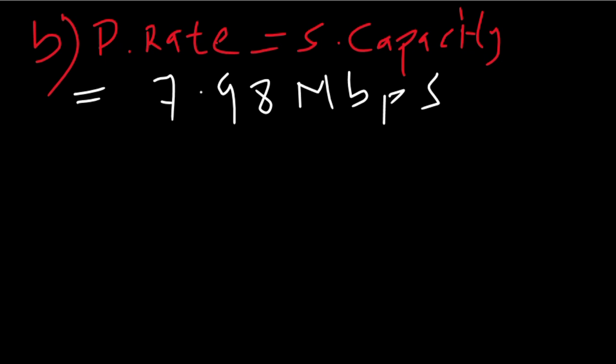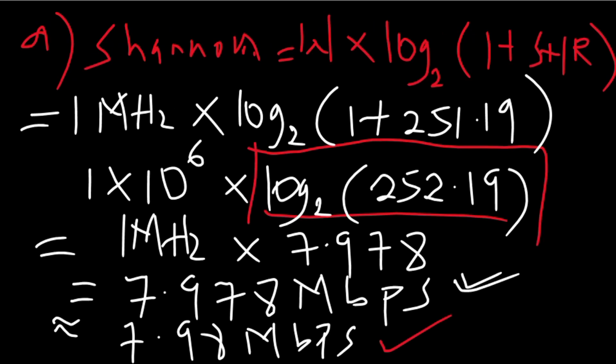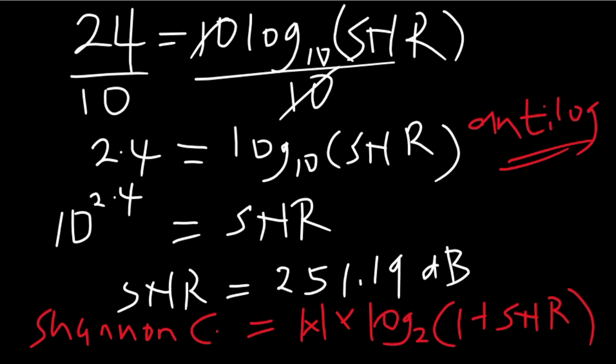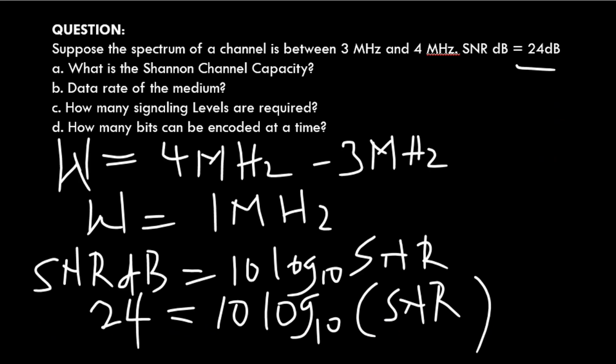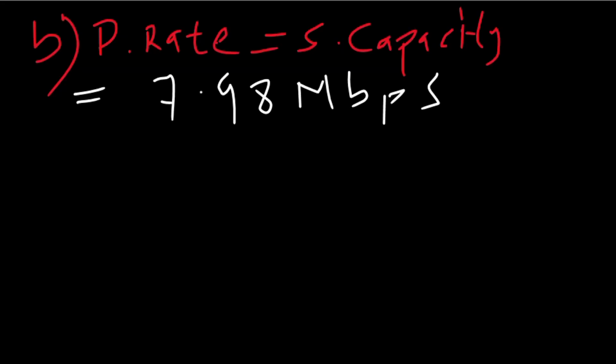Let's focus on the C. So how many signaling levels are required? They are asking us how many signal levels do we need for this data to be transmitted. So this signaling level is just like the Nyquist, right? The Nyquist deals with noiseless channels, and then the Shannon deals with the noisy channel.